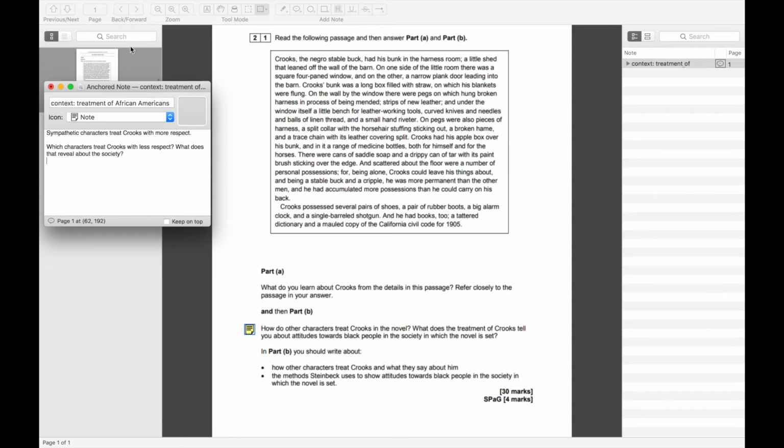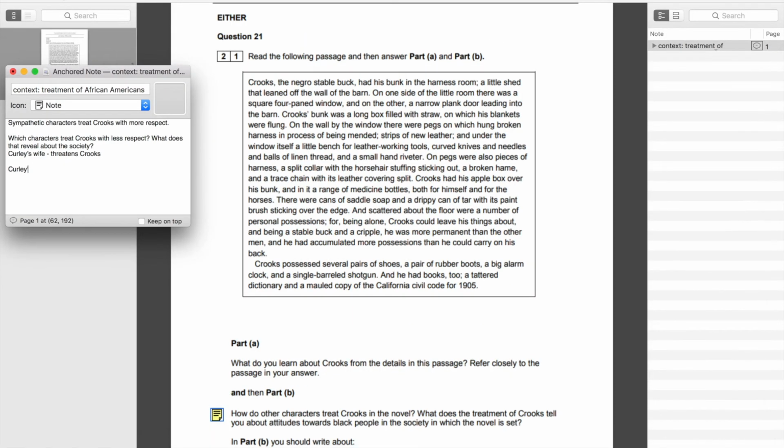We might want to think about Curly's wife. She threatens Crooks. I think also of Curly's father, the boss, who apparently gives Crooks hell.